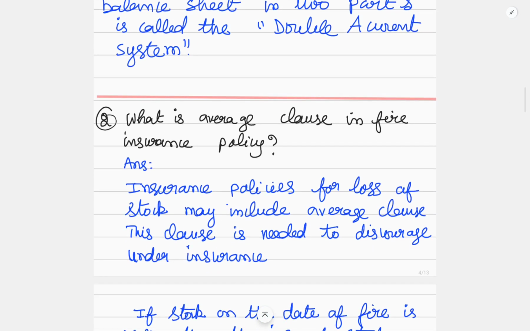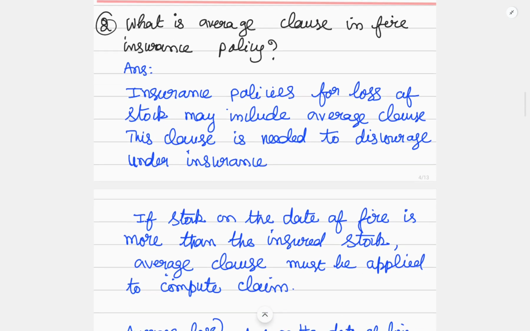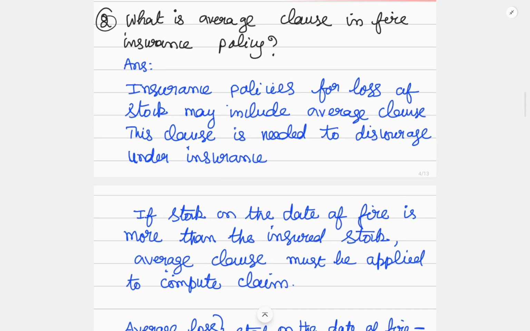Second one, what is average clause in fire insurance policy? Insurance policies for loss of stock may include average clause. This clause is needed to discourage under insurance.